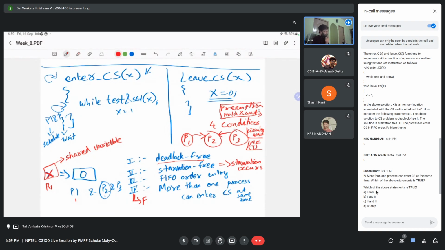To enter the critical section, a process has to wait on the process already in the critical section. But the process in the critical section, this P2, has got the lock, so it need not wait for any other process, right? So there is no cycle in this wait-for graph.